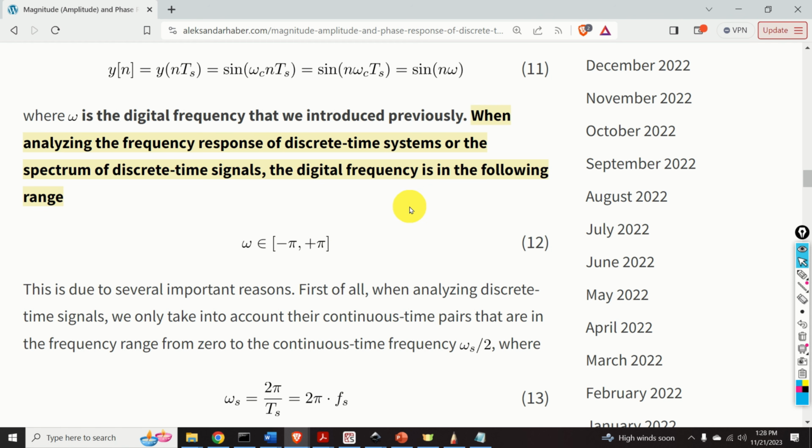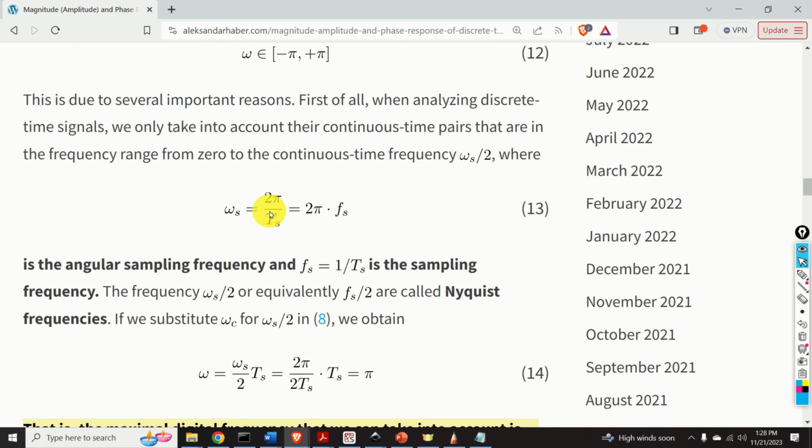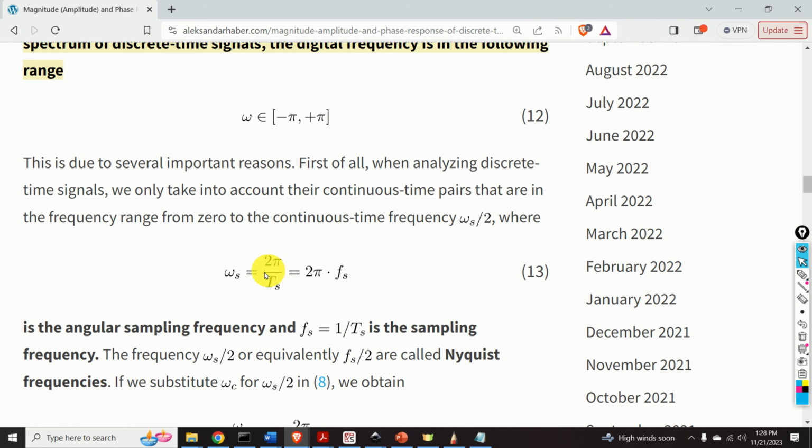First of all, when analyzing discrete time signals, we only take into account their continuous time pairs that are in the frequency range from 0 to the continuous time frequency omega s over 2, where omega s is given by this expression, 2 pi divided by Ts, and this is equal to 2 pi multiplying fs, the frequency represented in hertz.